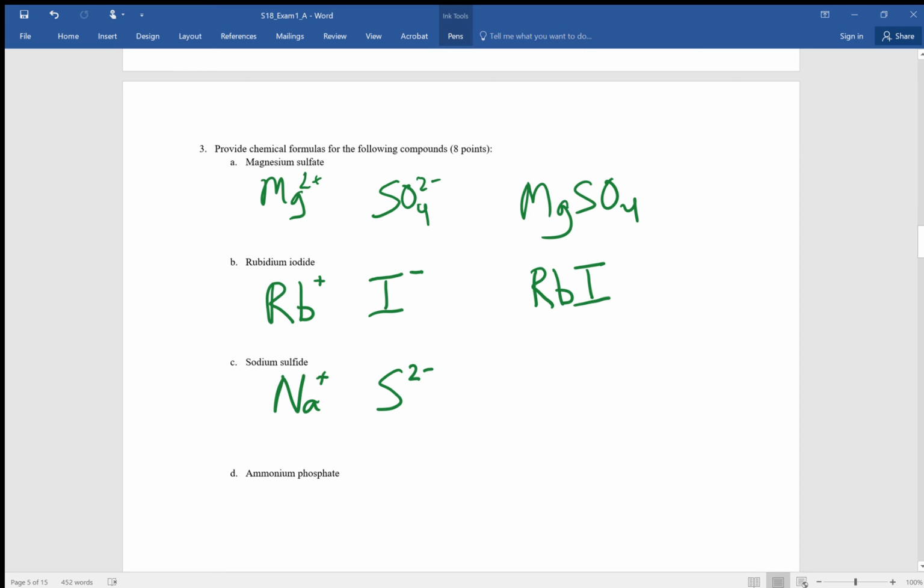As you may recall, one of the methods we use for determining how many of each element or each group we need is to switch the numbers for the charges for the number of each element that we need. So given that sodium is +1 and sulfur is -2, in order for these to be balanced, we need 2 sodiums and 1 sulfur.